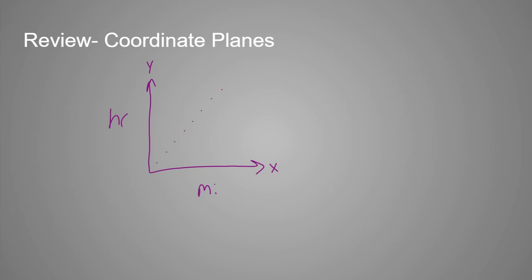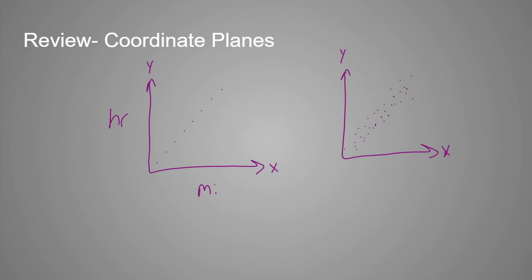When a graph or data plot shows something like this, or maybe it's fuzzier, and you have dots that kind of do this, both of them have a trend.